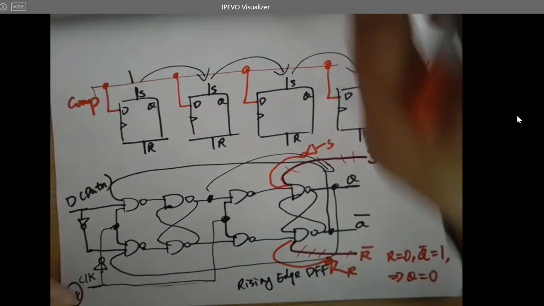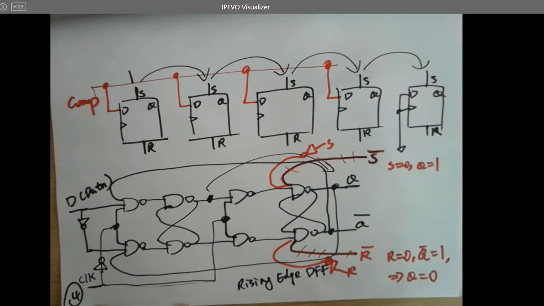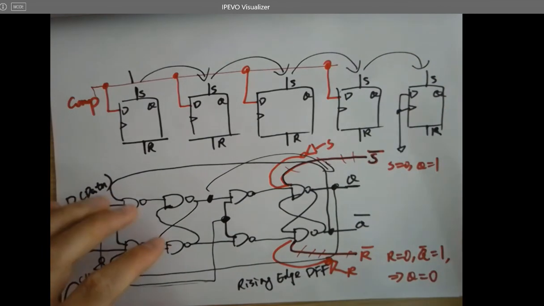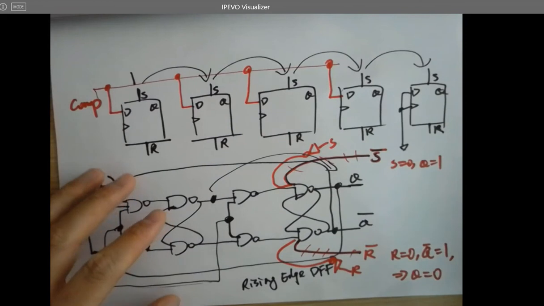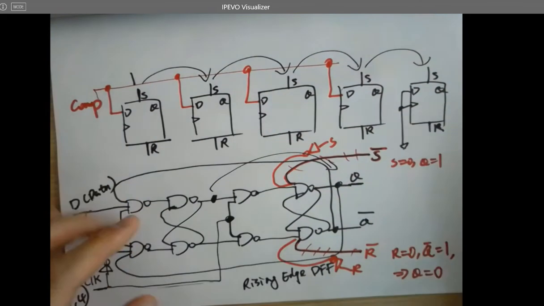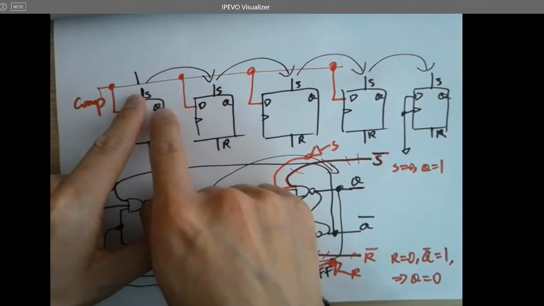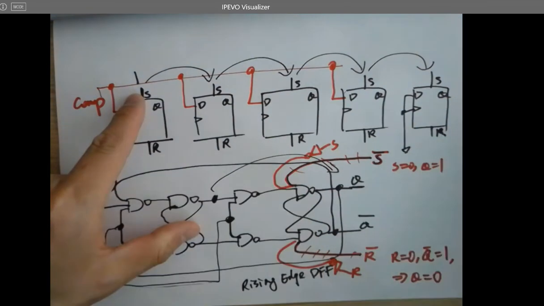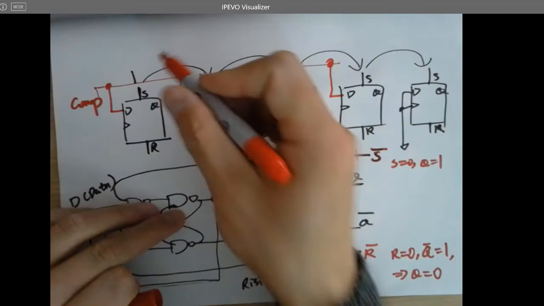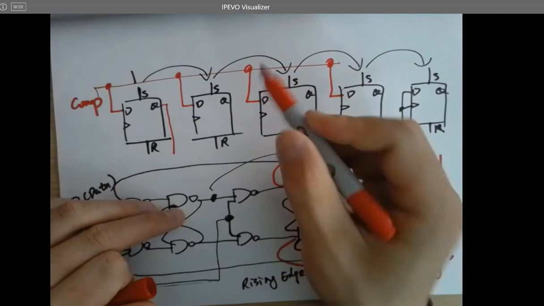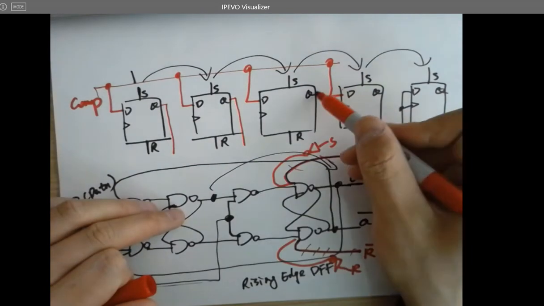Try to think about the algorithm. So what the algorithm does, actually. The first time I set this one to be 1, so I'm getting a 1 here, right? A 1 here, and all the other ones are zeros.